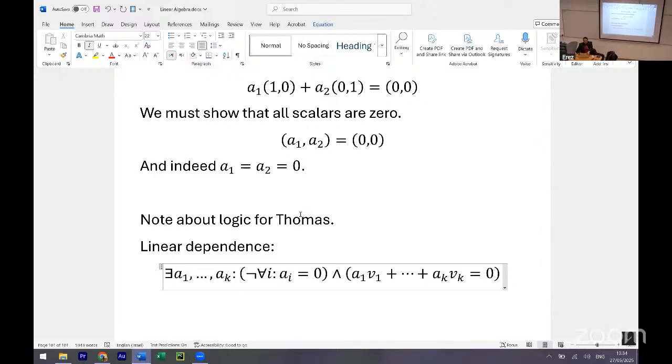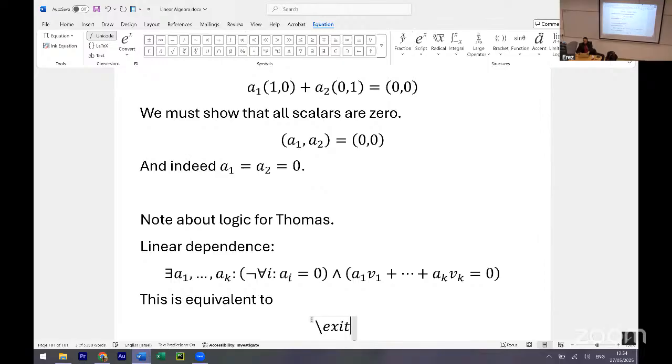Sammy says that this is equivalent to: there exist scalars A1 to AK, and there exists an I such that AI is not zero, and I could put a parenthesis many different ways.